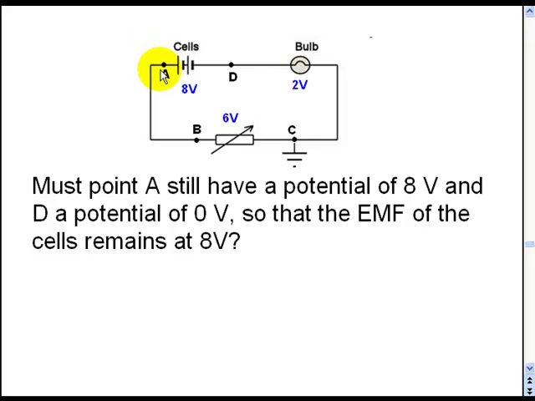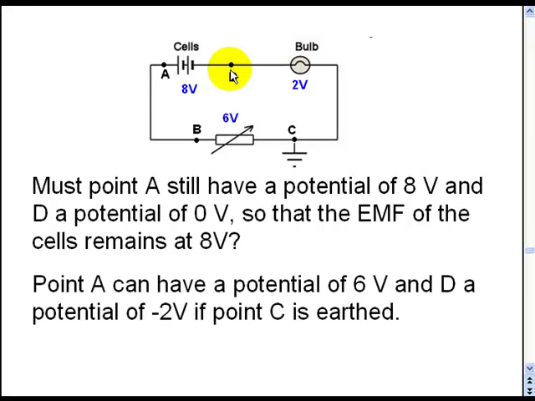Must point A still have a potential of 8 volts and D a potential of 0 volts so that the EMF of the cells remains at 8 volts? Well, point A can have a potential of 6 volts and D a potential of minus 2 volts if point C is Earth.